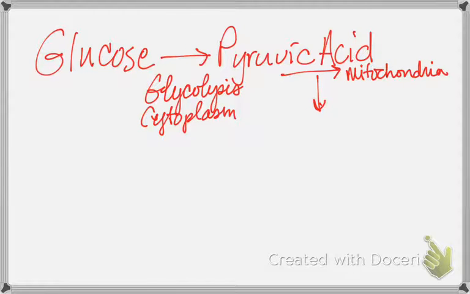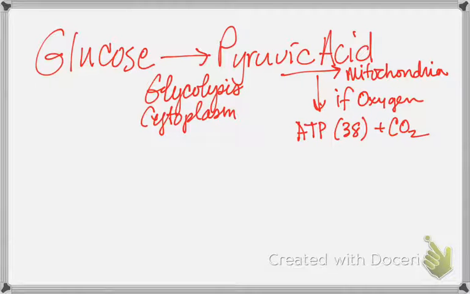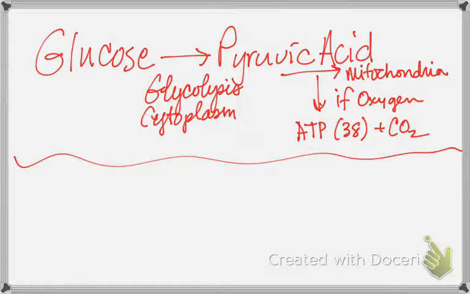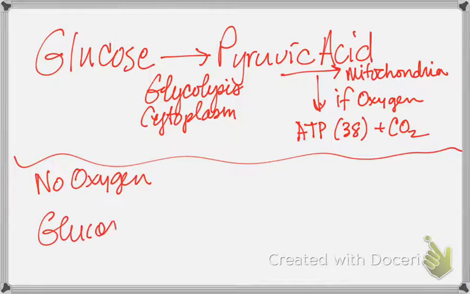And if oxygen is present, you make lots of ATP, plus you make some carbon dioxide. Okay? But if there is no oxygen, you still take glucose and break it down into pyruvic acid.